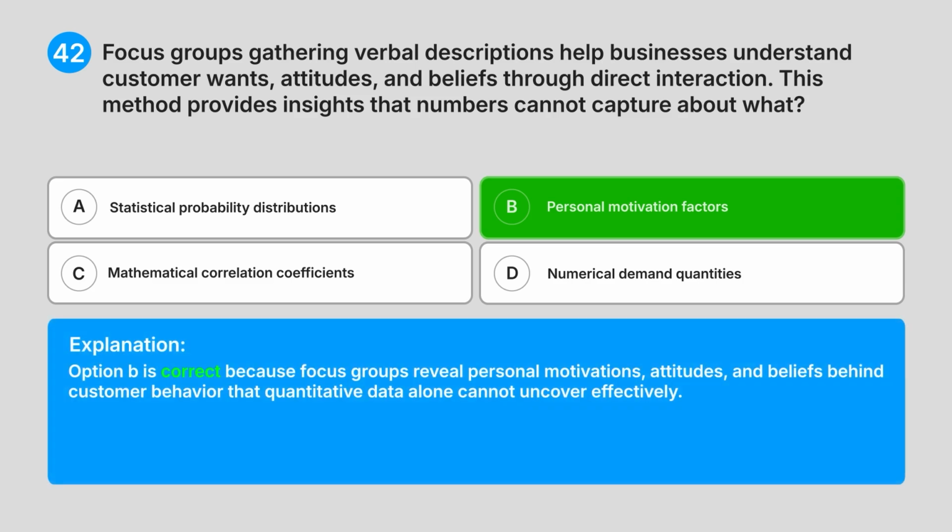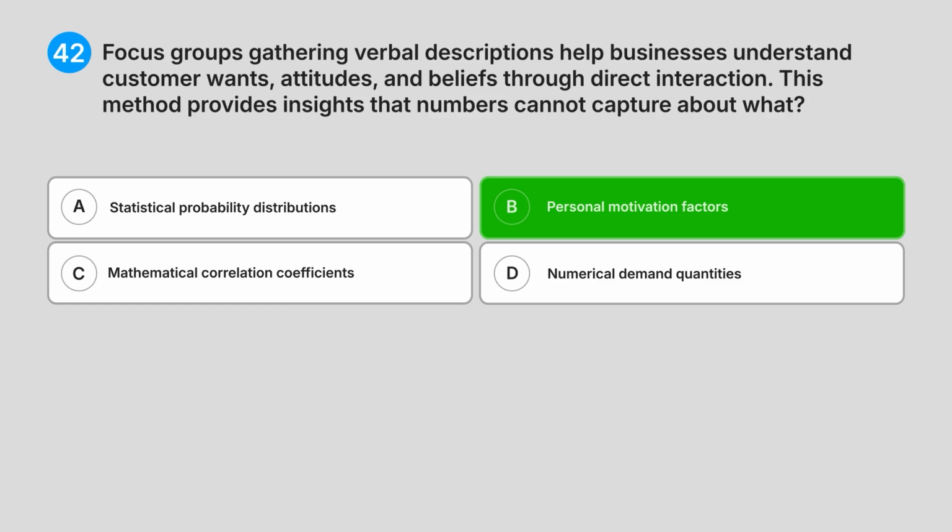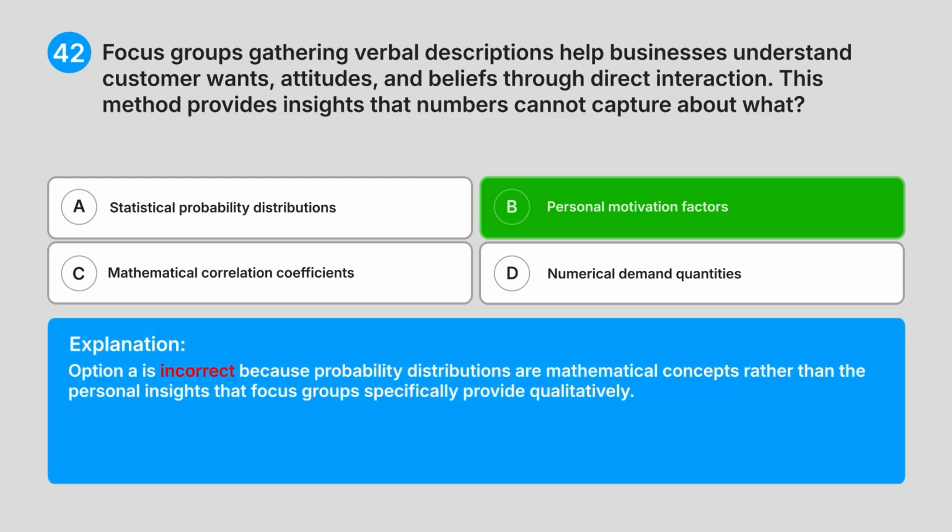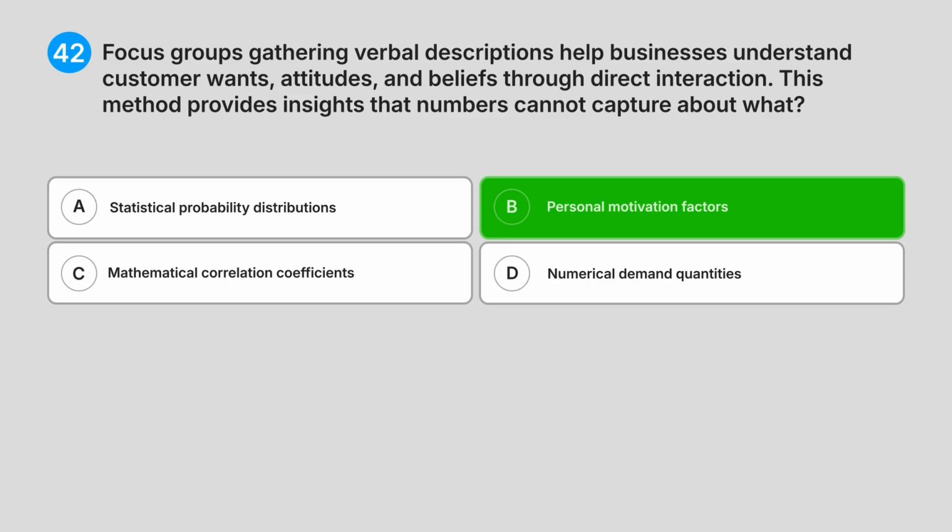Explanation. Option B is correct because focus groups reveal personal motivations, attitudes, and beliefs behind customer behaviour that quantitative data alone cannot uncover effectively. Option A is incorrect because probability distributions are mathematical concepts rather than the personal insights that focus groups specifically provide qualitatively.